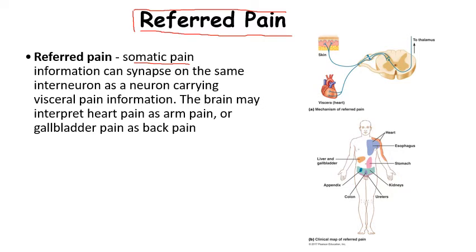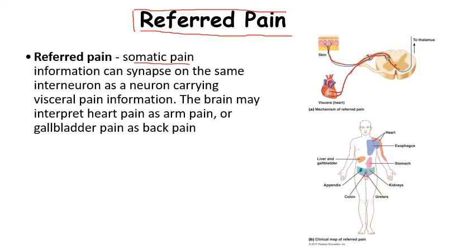What is believed to be happening here is that because there is a multi-neuron pathway, pain from a certain region of skin synapses on the same neuron that also may be stimulated by pain in a certain organ in the body.